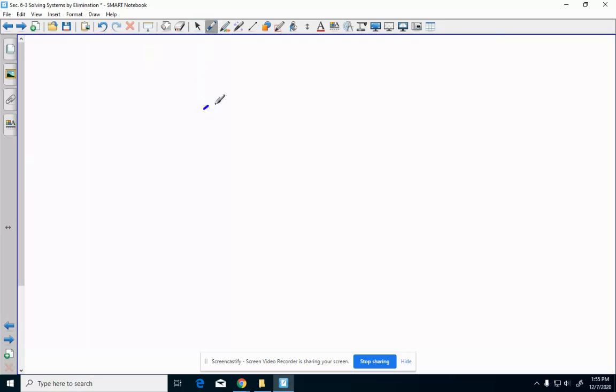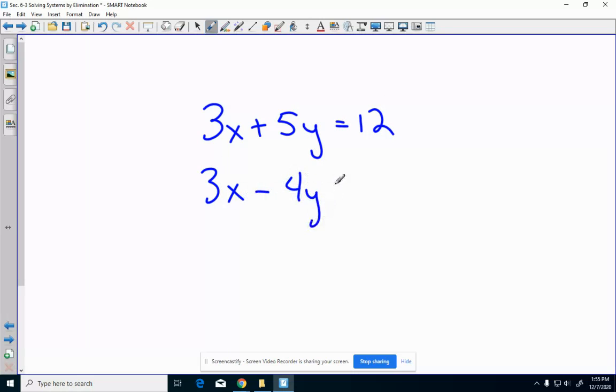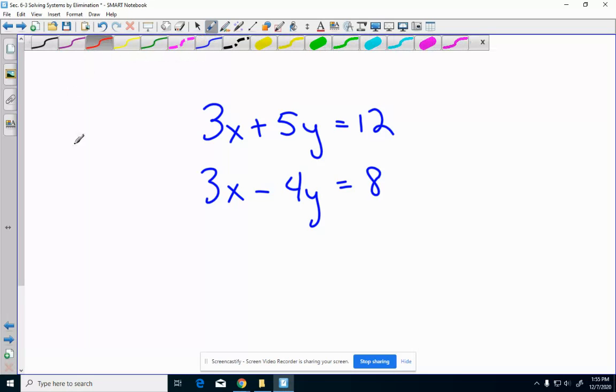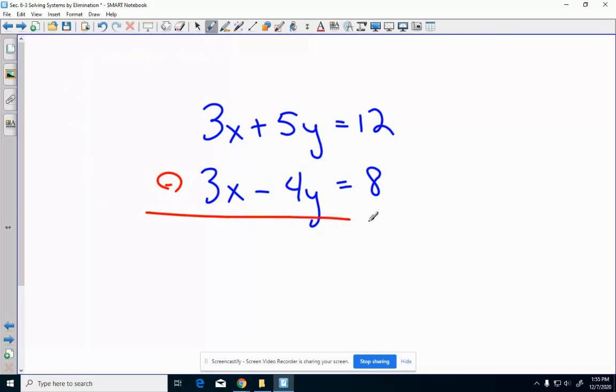So, for example, maybe if we had 3x plus 5y equal 12, and then we also had 3x minus 4y equaled 8. In this situation, we would want to use subtraction, because subtraction in this case would cancel those two identical variables out. 3 minus 3 would give us a total of 0.